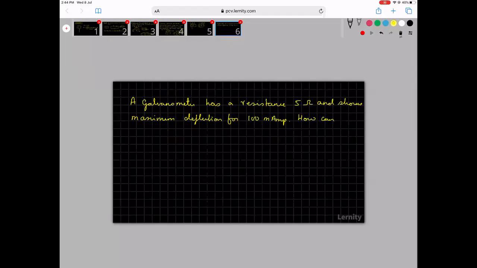How can you convert it into a voltmeter measuring, let's say, 10 volts?